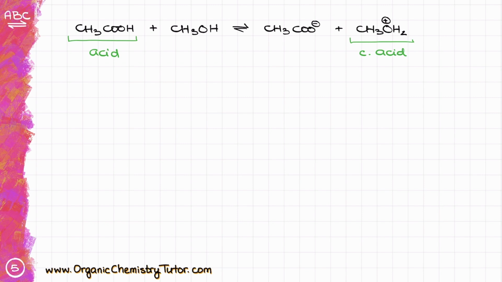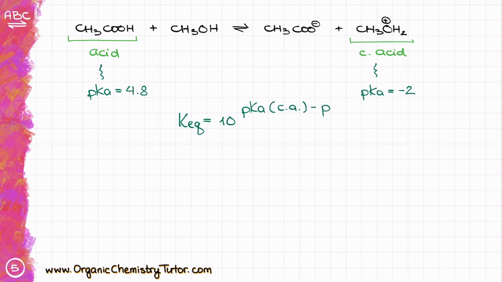Well, the one on the left, we have already seen that one before. The pKa here is going to be roughly 4.8, and the pKa of the one on the right, we have already seen that one today as well. That one is going to be around -2. So in order to estimate our equilibrium constant, we are going to use a simple equation. The equilibrium constant for the reaction is going to be 10 to the power of the pKa value of my conjugate acid minus the pKa value of my actual acid.